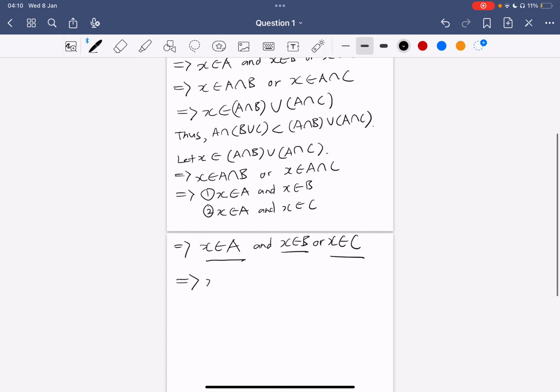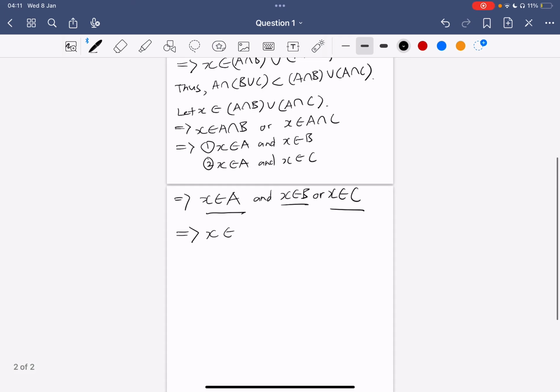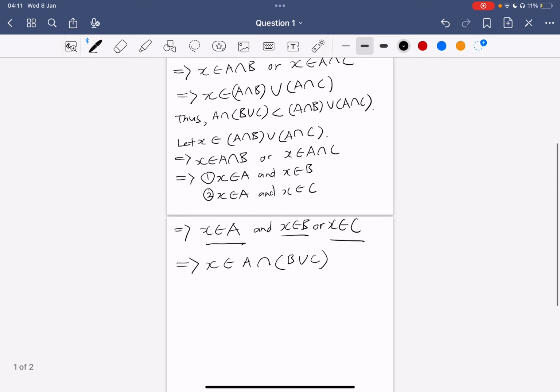So we can write that out in set notation like this. X is an element of A, which is represented by the intersect, the set of B union C.